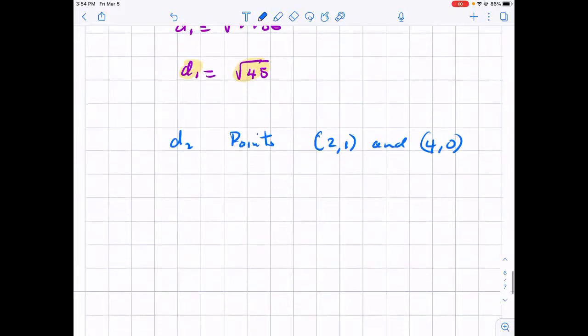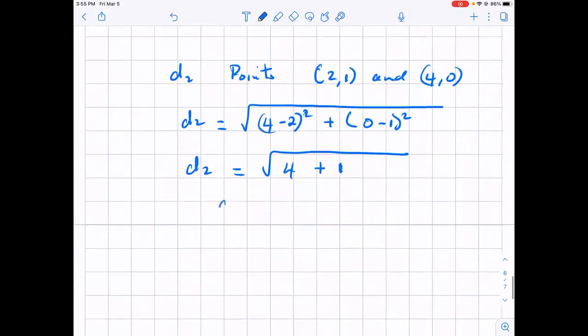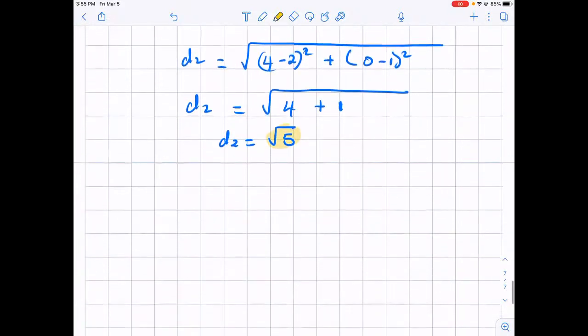So D2 is equal to the square root of 4 minus 2 squared plus 0 minus 1 squared. So D2 is equal to the square root of 2 squared, which is 4, plus minus 1 squared, which is 1. So D2 is equal to the square root of 5. So this is the length of D2.